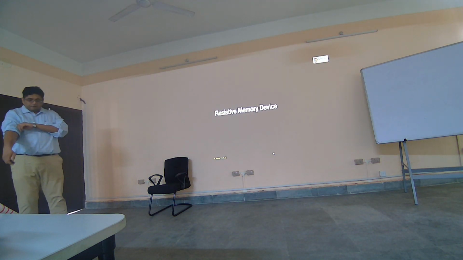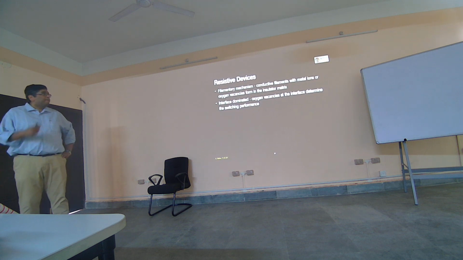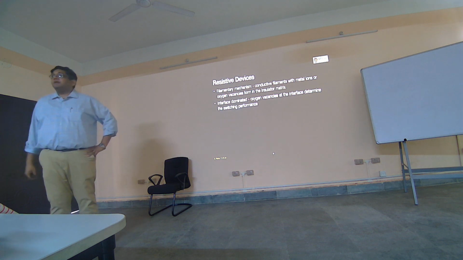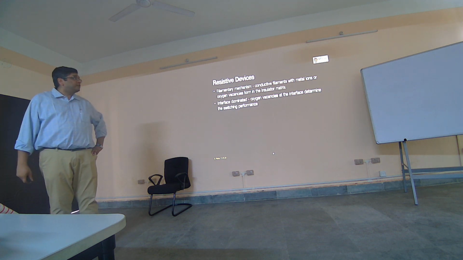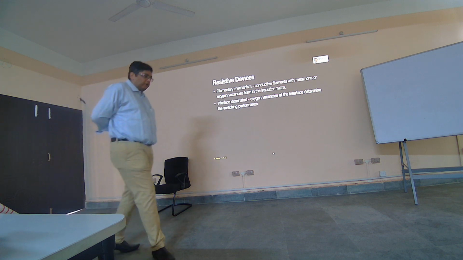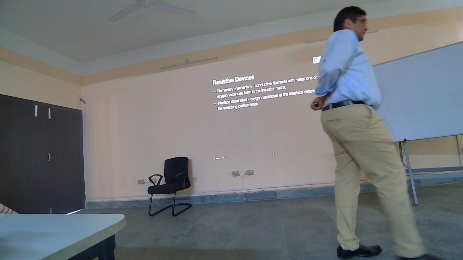So let's talk about the other kind of device, which is the resistive memory device. Resistive devices are of two types: filamentary mechanism and an interface dominated device. What happens with the filamentary mechanism? This came about when people were working on high-k dielectrics for logic transistors.